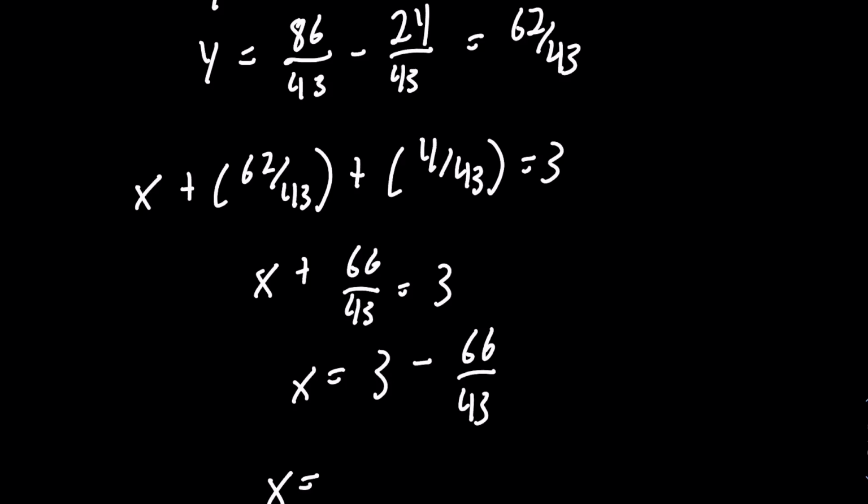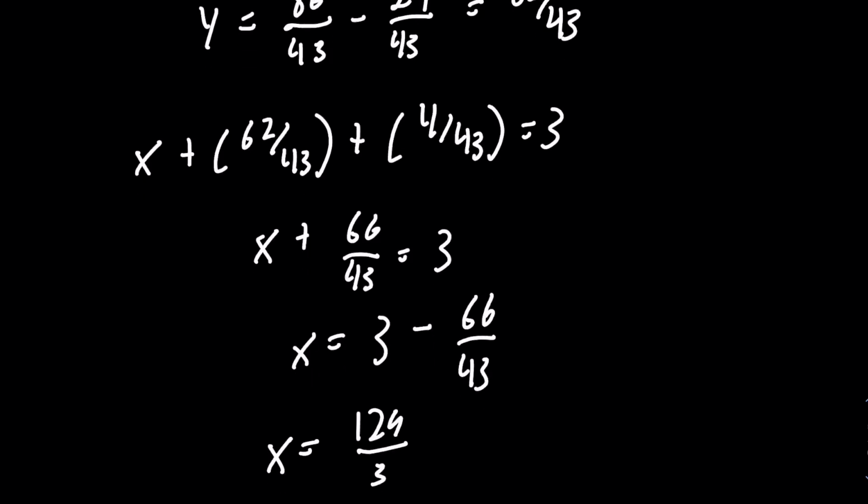We'll just grab 43, multiply it by 3, and we get 129 over 43, which is equivalent, so we didn't really change anything, minus 66 over 43, which becomes 63 over 43. And that is how you solve a system of equations for a problem like this one.